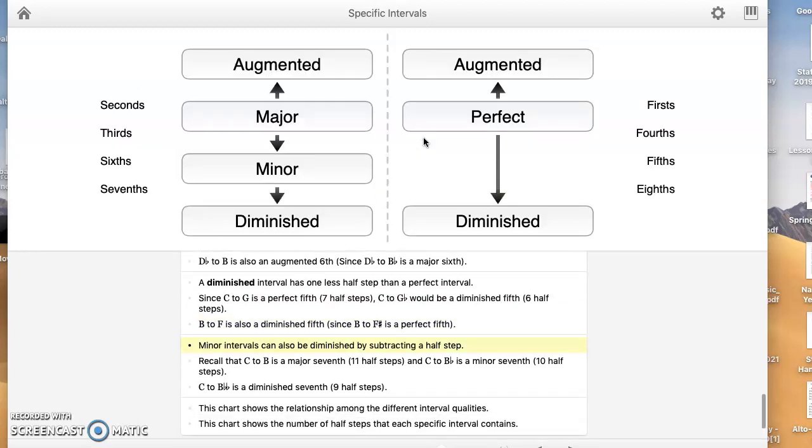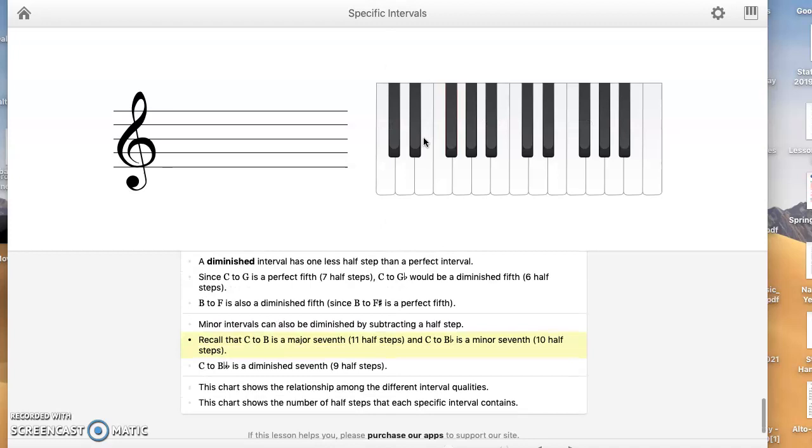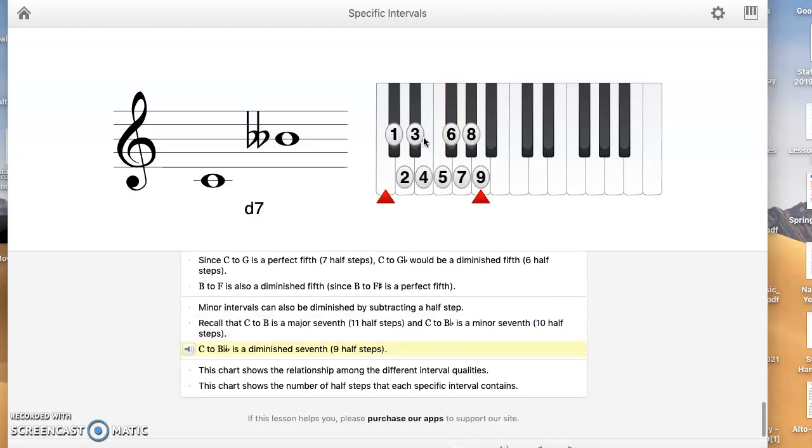A minor interval can also be diminished by subtracting a half step. Recall that C to B is a major seventh, 11 half steps, and C to B flat is a minor seventh, 10 half steps. C to B double flat is a diminished seventh.